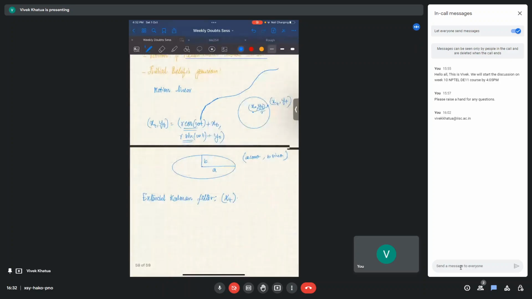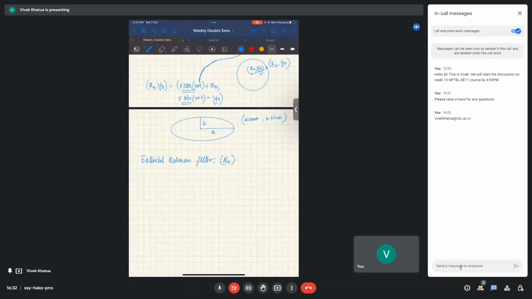Even if we make it non-linear, a Kalman filter will not work unless we have something linear. So for the state estimation, what we had taken, xt will be equal to, let's take, A t xt plus B ut.